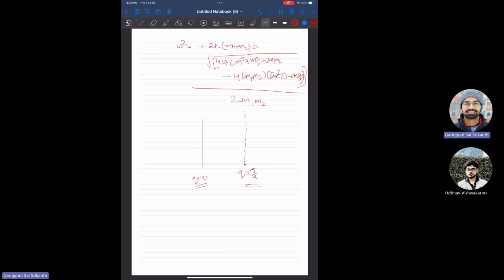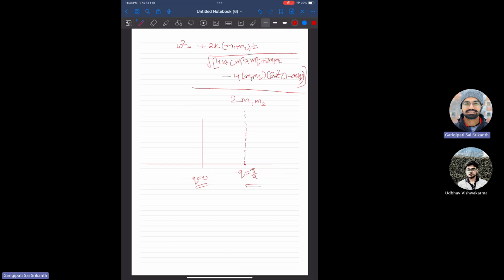Essentially, due to the Bragg condition, q equal to pi by a is where the band gap starts, and it repeats from there. And q equal to 0 is also an important wave number, beyond which you again get a mirror symmetric pattern. So these two values should be enough, at least for simple systems like these.